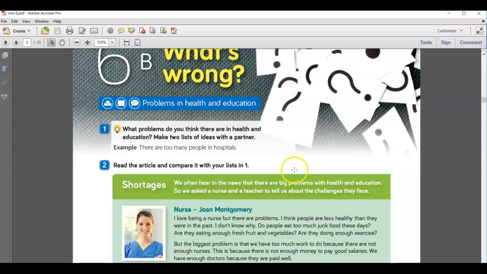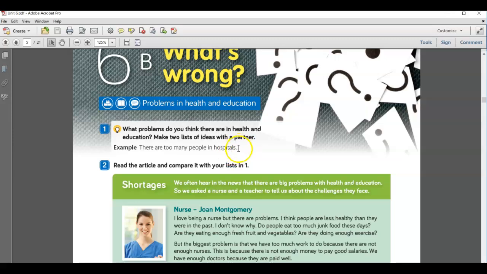Tell me what type of problems do we have in education or in health. Put some ideas. Okay, for example, there are too many people in hospitals, or there are not enough doctors. Okay, this is about hospitals.